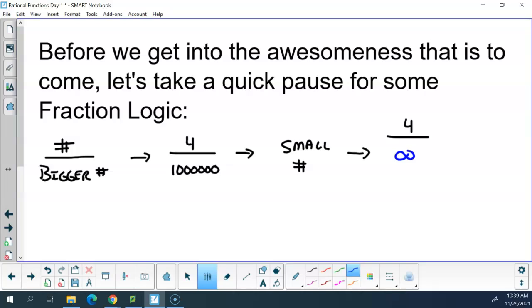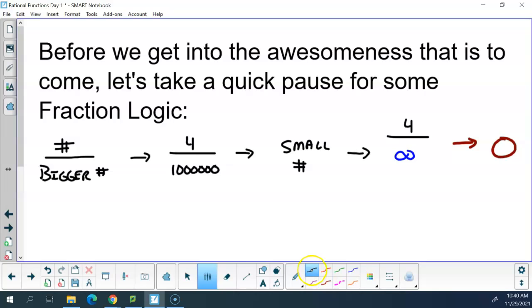Going to 0. Will it ever get to 0? No, but it's going to get so close that you can't tell the difference. Now, let's flip that around.